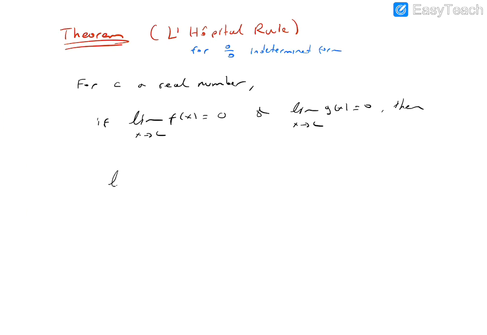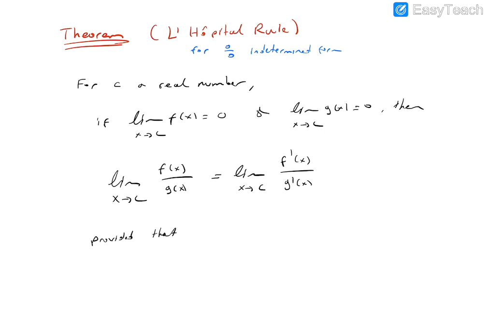then the theorem says the limit of f of x over g of x when x goes to c equals the limit of the derivative of f of x over the derivative of g of x when x goes to c, of course, provided that the second limit, the right hand side limit, exists.